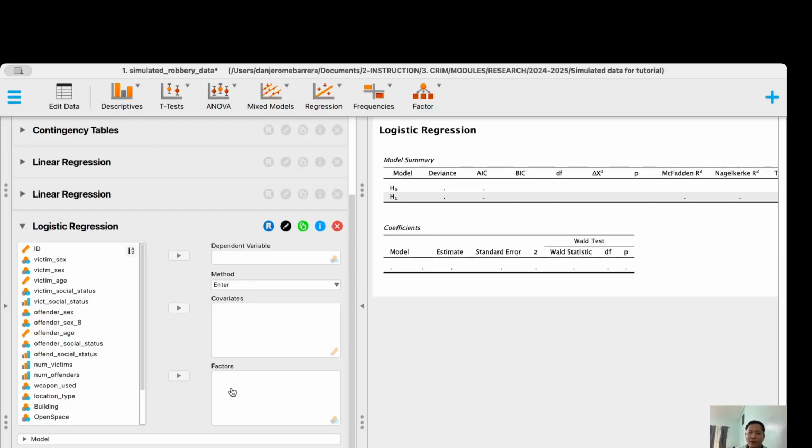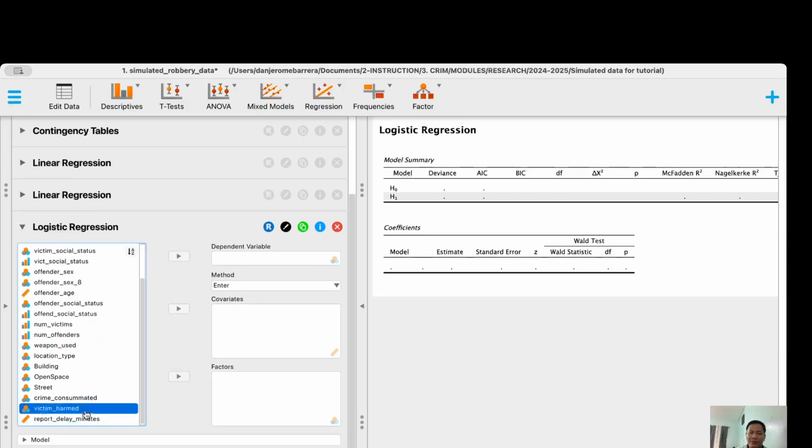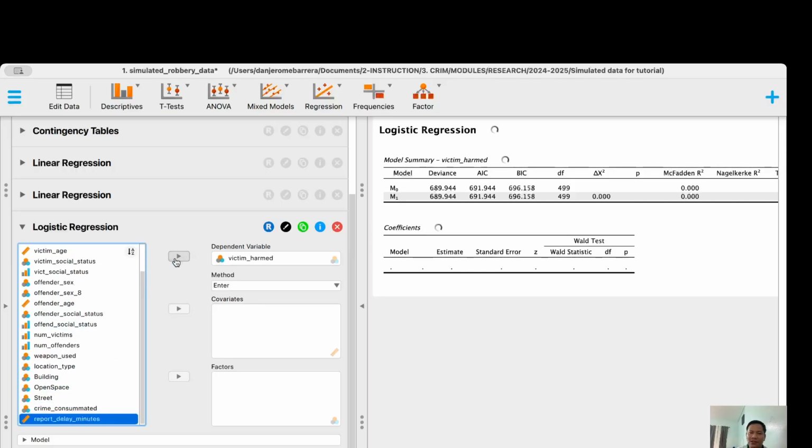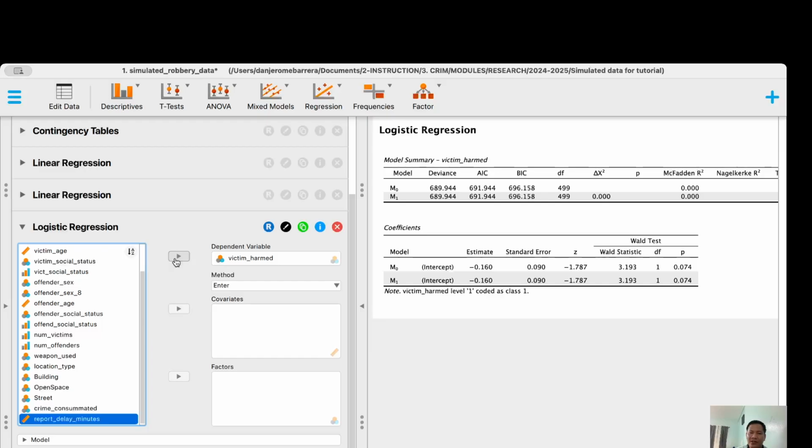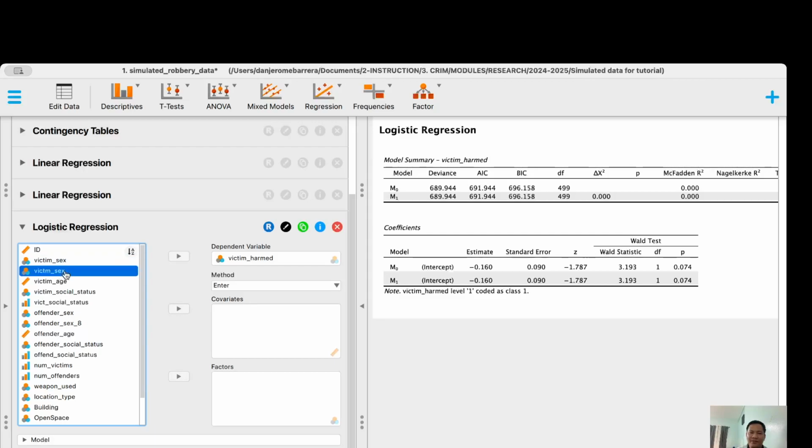Factors for category of independent variables, and covariates for continuous independent variables. So let's move first the dependent variable, whether the victim was harmed or not harmed. Click it here. Then let's start with the various variables. Let's start with victim sex.